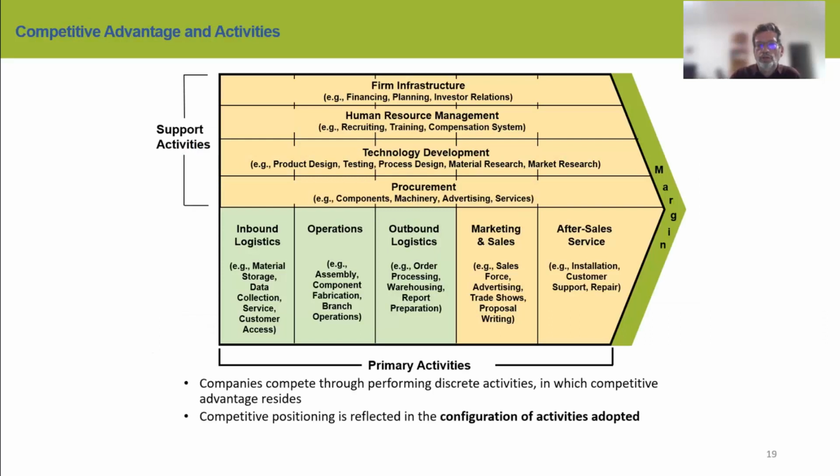So here you see the support activities. This is the firm infrastructure, which is the financing, the planning, the investor relations, the human resource management, the recruiting, training, compensation system, the technology development, what kind of product we are going to design and test, the procurement, because certainly we need procurement of components and machinery, and we have to do advertising and other services.